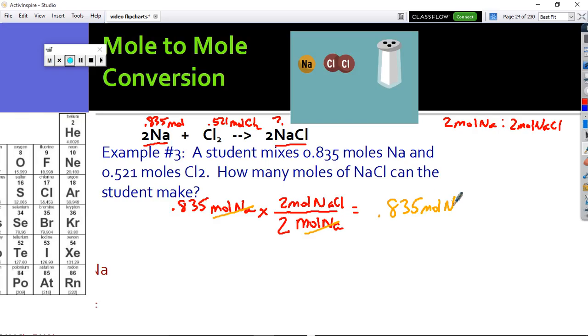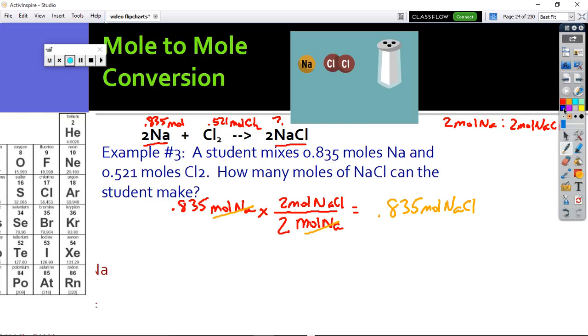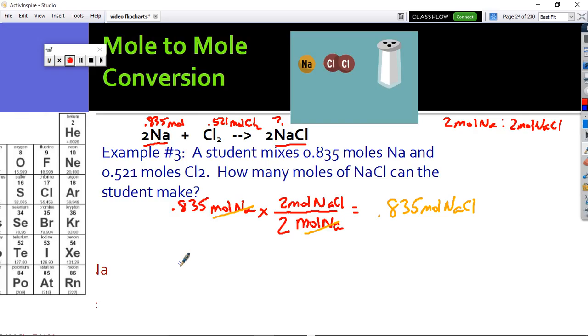But I'm not done, because I also have this 0.521 moles of chlorine. So I have to do a different factor-label method. There's 2 givens, 2 factor-label methods. So 0.521 moles chlorine times, now let's take a look at that conversion factor. It's going to be 1 to 2. So 1 mole chlorine will make 2 moles sodium chloride. Now, as before, the unit up here has to go on the bottom of the next square so it can cancel.